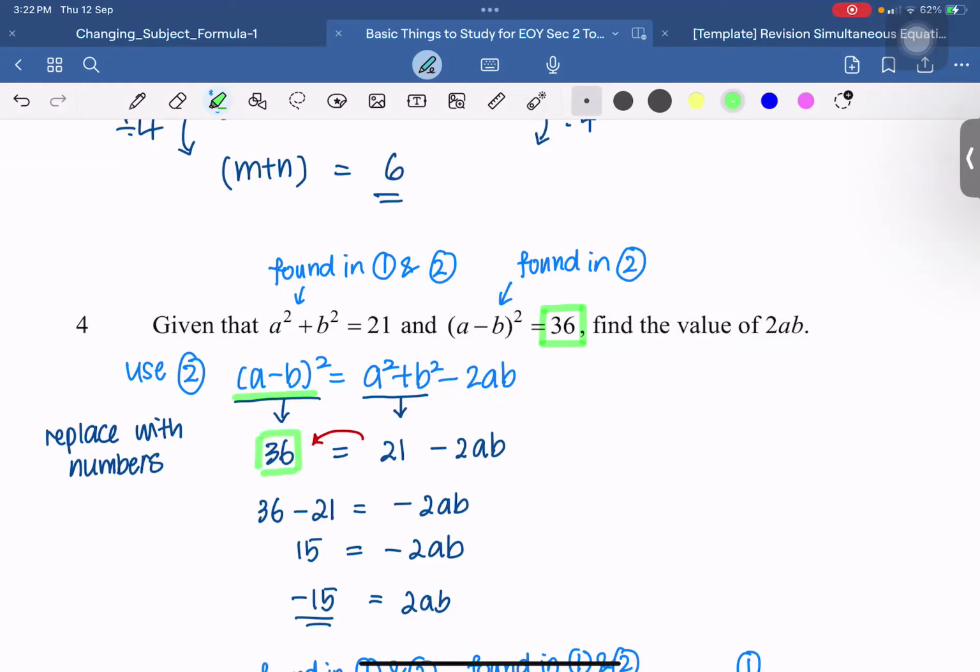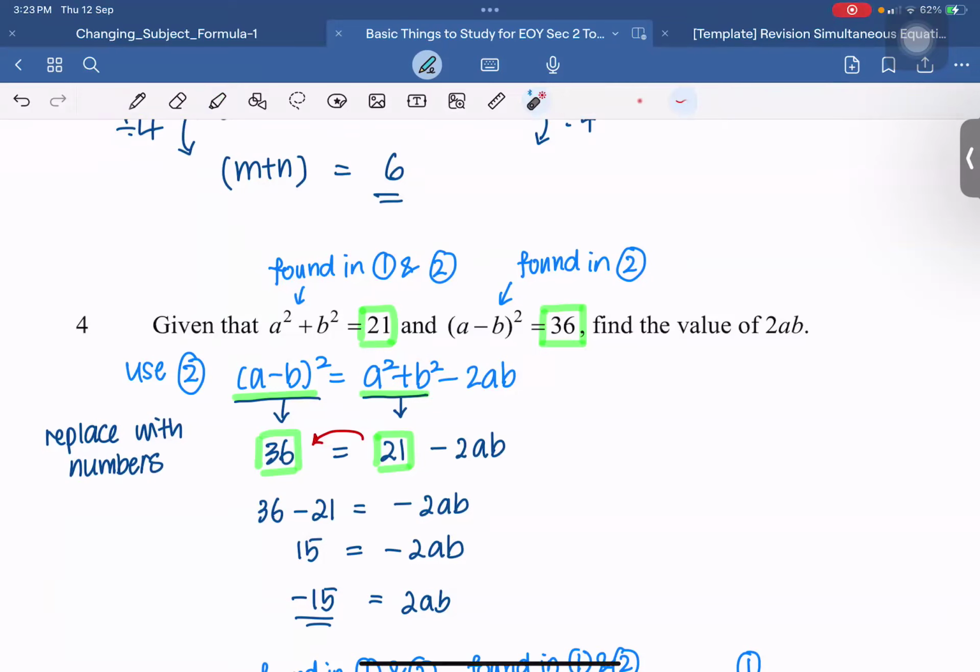Then they tell me a plus b whole thing square is 21. I replace a plus b square by the number 21. Okay, then in my rule, I'm left with a negative 2ab. But they want positive 2ab. Doesn't matter. Later, I find out the number first.